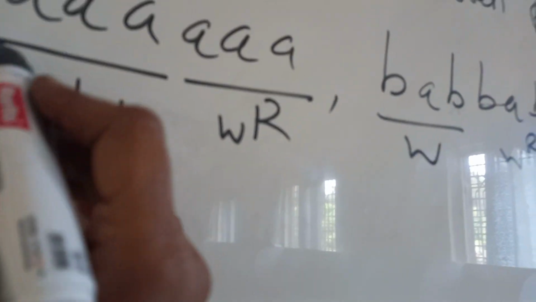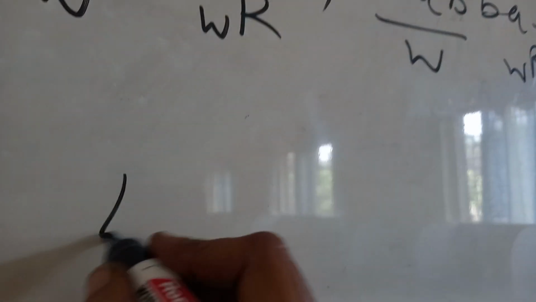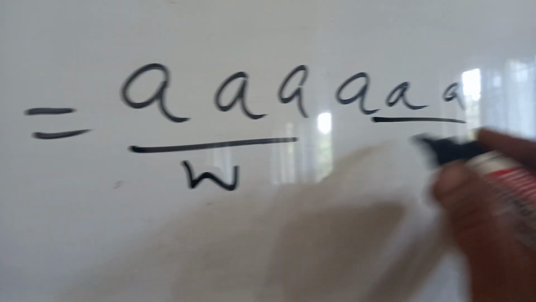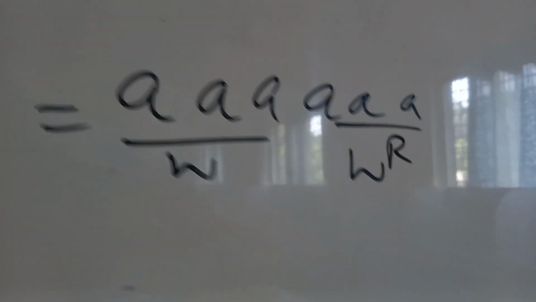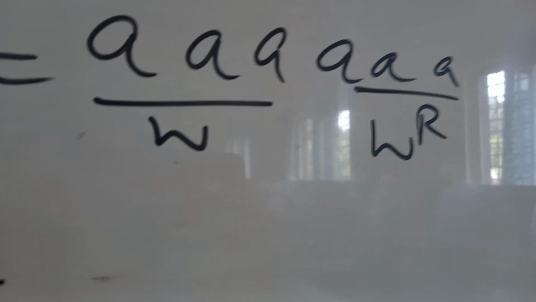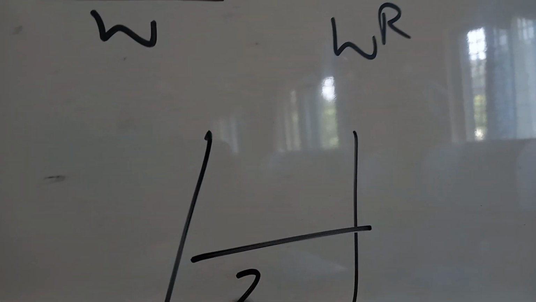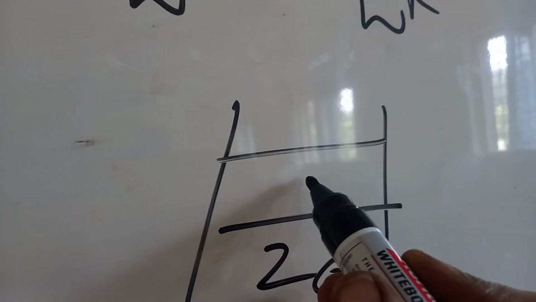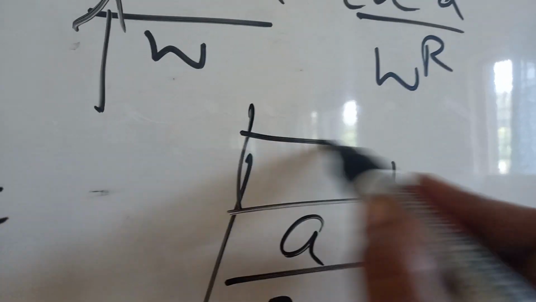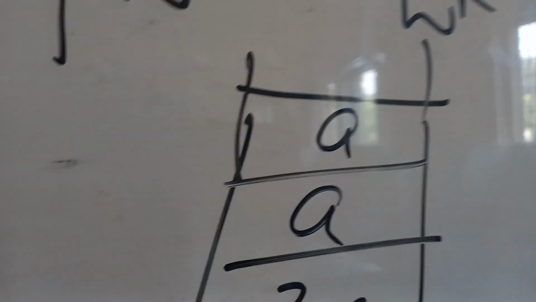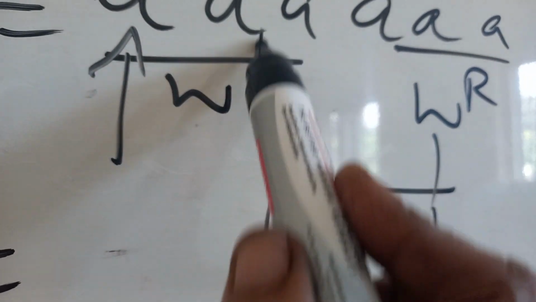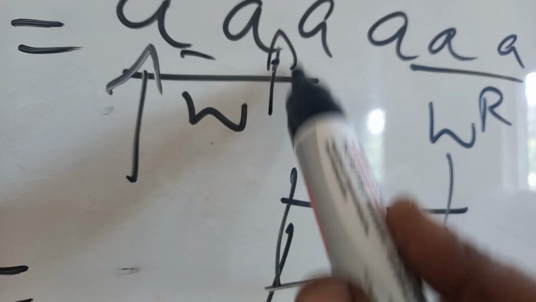Because let me take a string belonging to the language L, a a a a, where the first a is w, and the next are w to the power of r. Initially the top of the stack is z0. I will push the symbol a onto the top of the stack, that is the first a, and then again I will push one more symbol on the top of the stack. After 2 a's, suppose I got the center point.